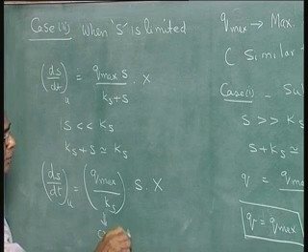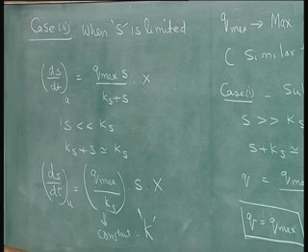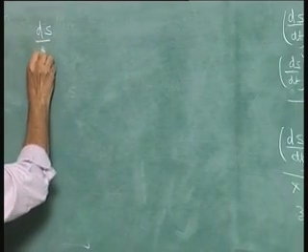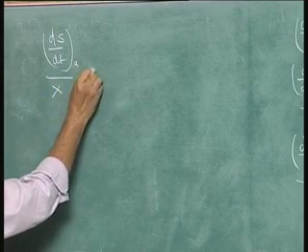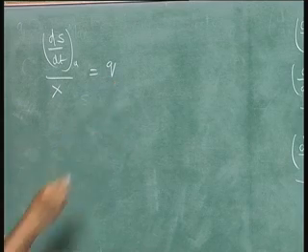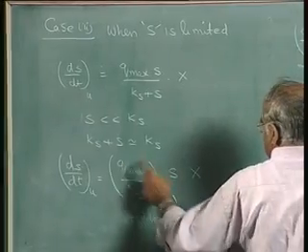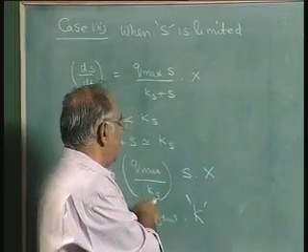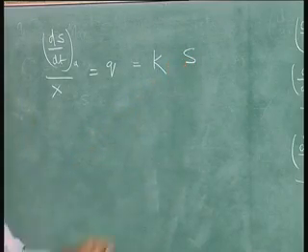This constant I can call K. So now, again taking that equation, ds by dt utilized divided by x immediately becomes Q, the specific substrate utilization, which will be equal to K multiplied by S, where K is q max over Ks.